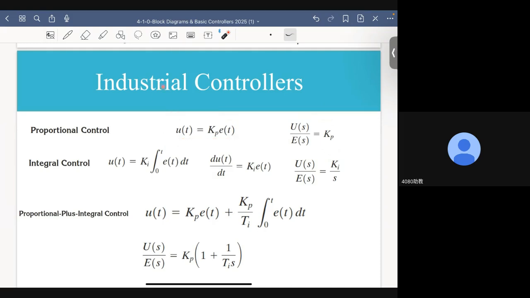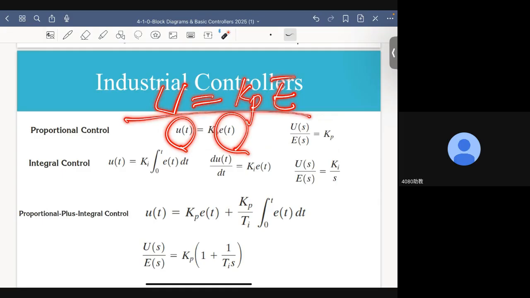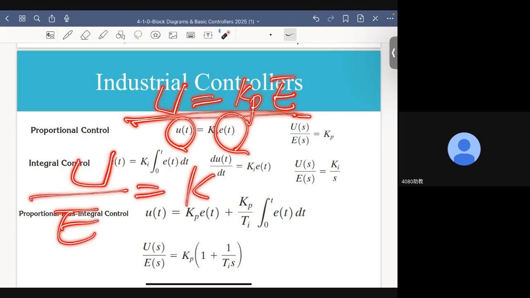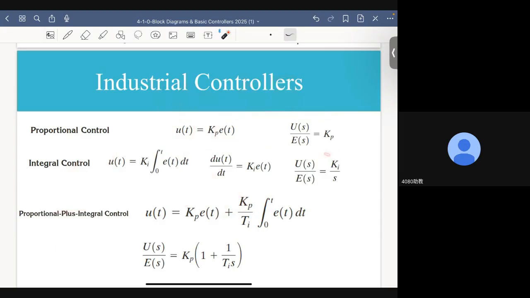And what you will get is capital U, which is the Laplace transform of this U, equal to Kp times capital E, which is the Laplace transform of the error given in the time domain, all right? And then from this result, U divided by E is apparently Kp, all right? So Kp is the transfer function of a proportional controller.